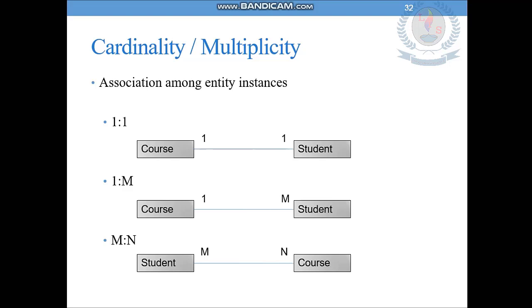One course can have many students. Many students can do only one course. Then many-to-many, students and course. Many students can do many courses, and many courses can have many students. So this is about cardinality: one-to-one, one-to-many, and many-to-many.